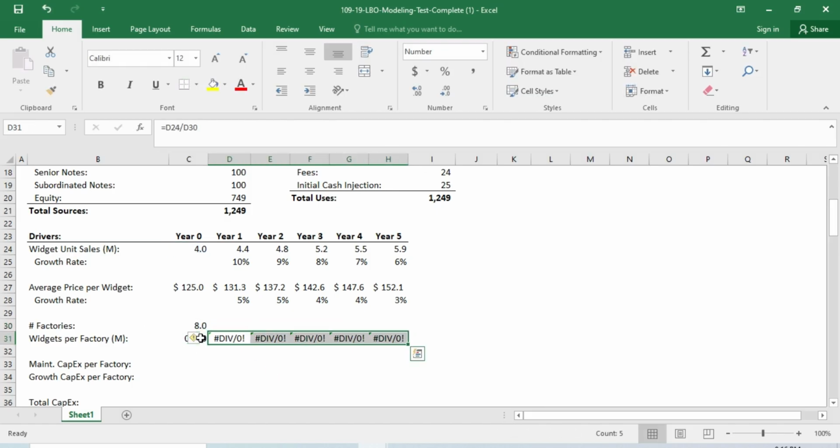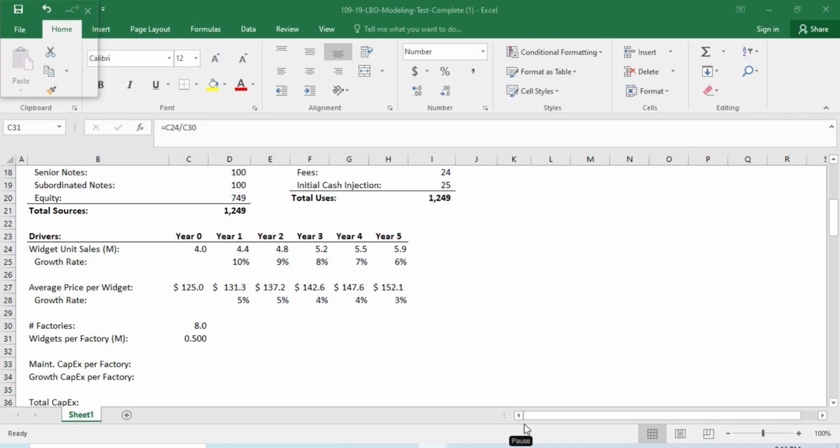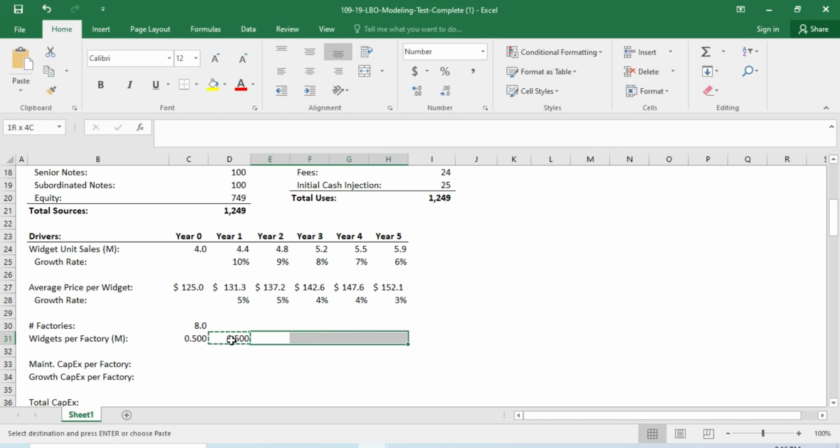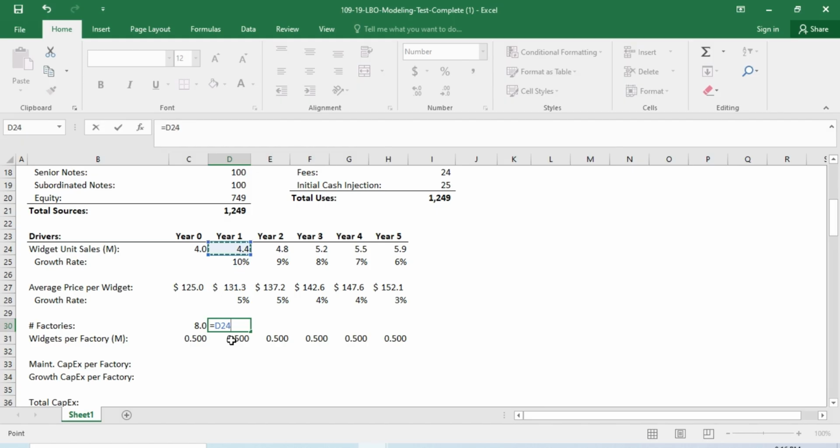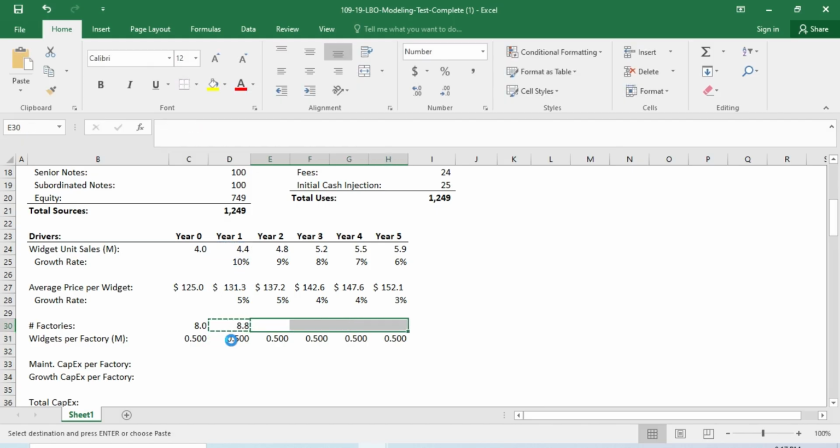500,000 is the maximum capacity that a factory can produce widgets. So we will keep this the same, that each factory will produce only 500,000 at its maximum capacity. Now we will divide, so we get the number of factories.